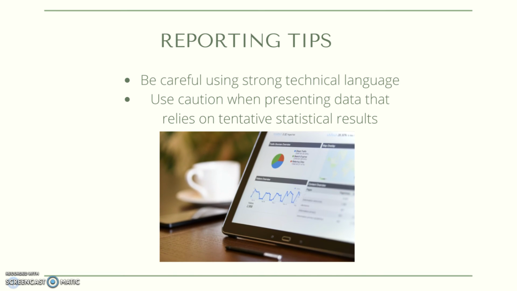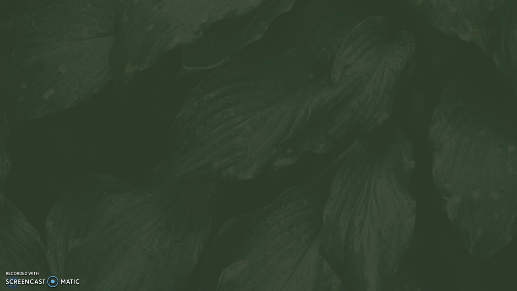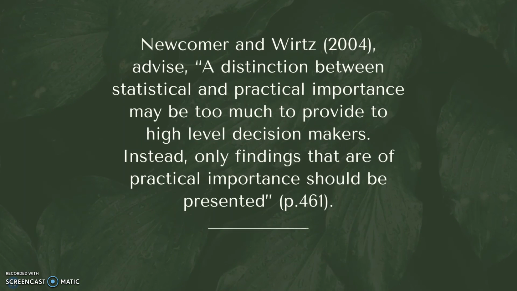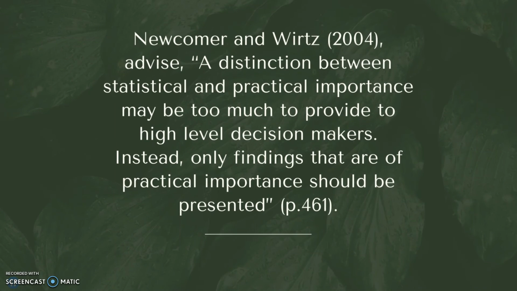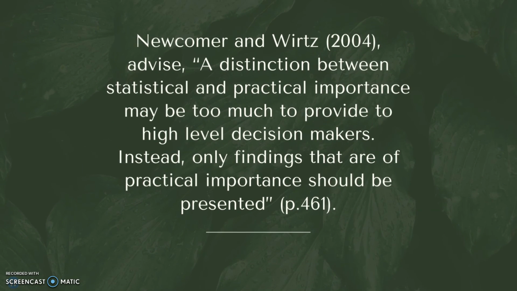Reporting tips. Be careful using strong technical language and use caution when presenting data that relies on tentative statistical results. Newcomer and Wholey advise that a distinction between statistical and practical importance may be too much to provide to high-level decision makers.